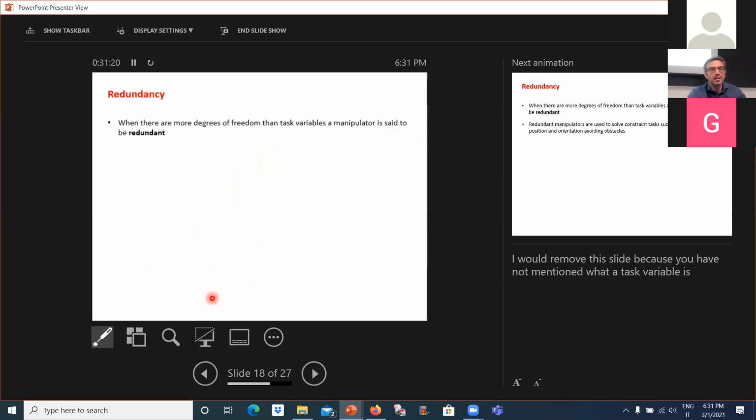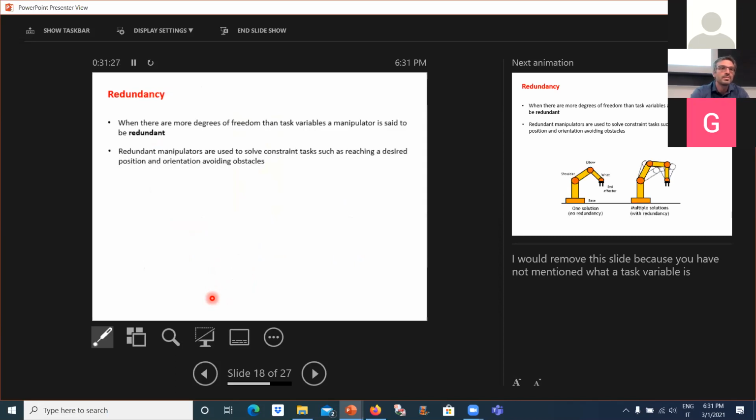Then, as I introduced before, redundancy is whenever you have more degrees of freedom than the task variables. And redundant manipulators are used, for example, to solve a constrained task, like reaching a desired position while avoiding an obstacle.